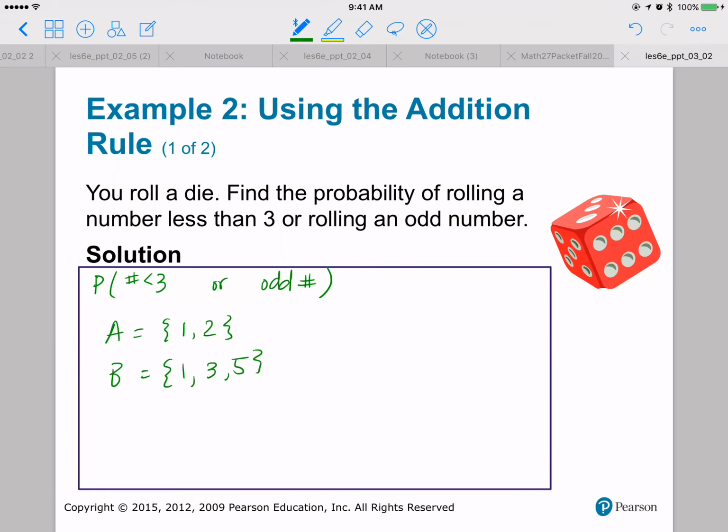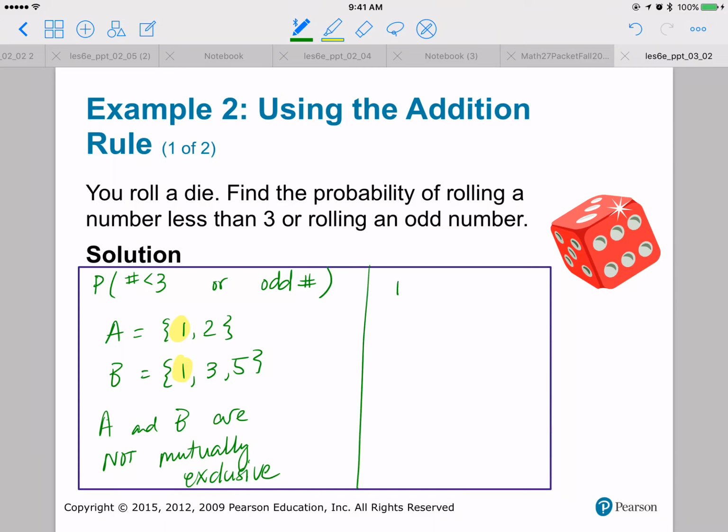Are A and B mutually exclusive? No. A and B are not mutually exclusive because look, if you roll a 1, that means you're in A and you're in B, right? So when we have our formula, we can't use our simple formula.